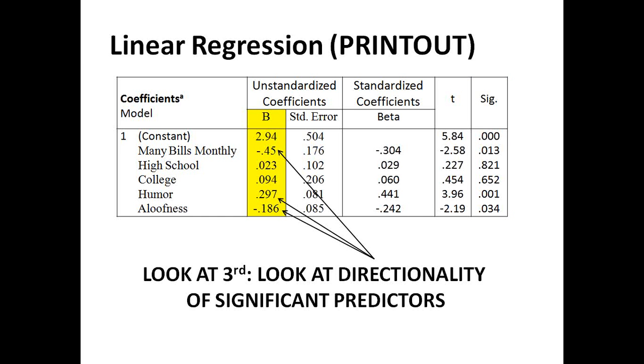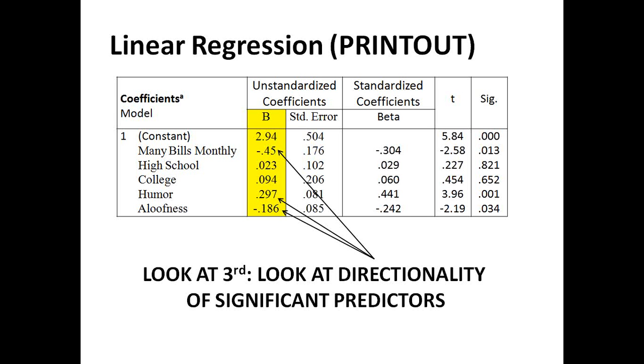Then the next thing we want to look at is, yes, they're related significantly, but are they related in a positive or negative way, i.e. the directionality. They could be significantly related, but does one go up together with the other, or one goes up and the other goes down? So many bills monthly, we see there is a minus sign. The B is negative 0.45, meaning there's a negative relationship between having many bills monthly and your level of happiness.